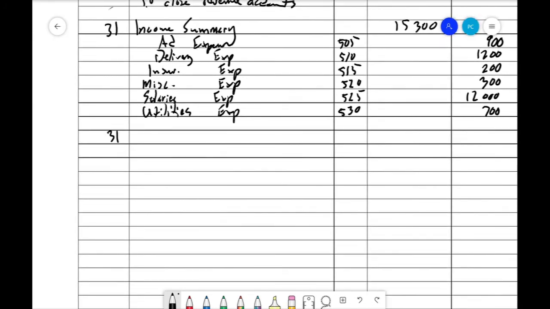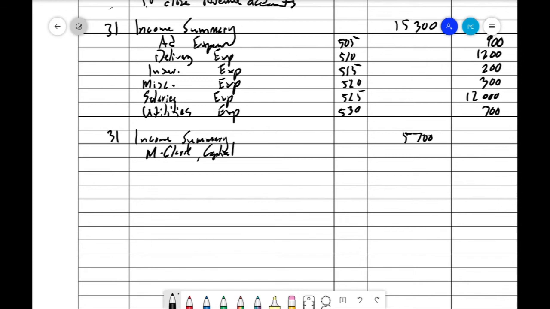So that means you're going to have to do a debit transaction on your income summary, right? And you're going to have it for 5,700. Okay, and then we're going to put it into M. Clark, Capital.